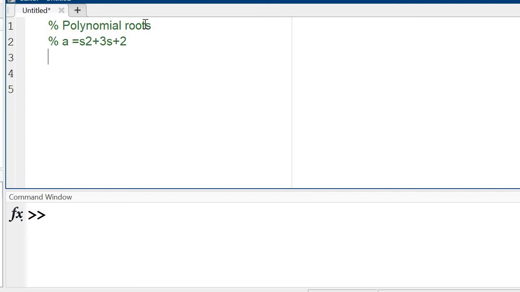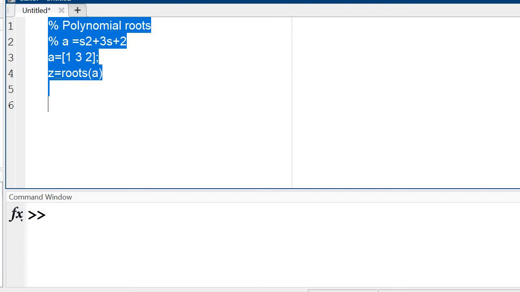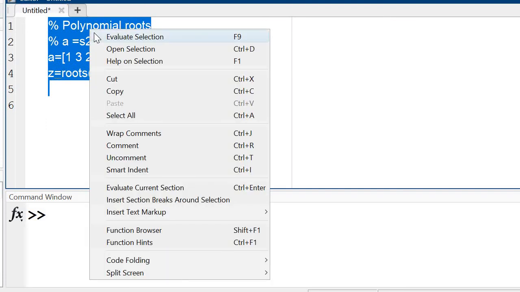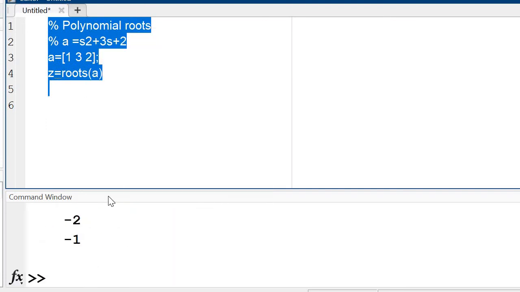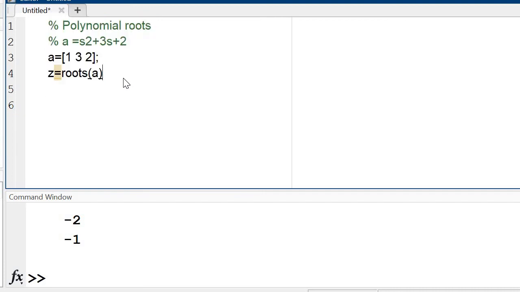Now a is equal to bracket start 1 space 3 space 2 bracket close with a semicolon. How to find the roots? Roots of a. Select this part. Now this is our roots.